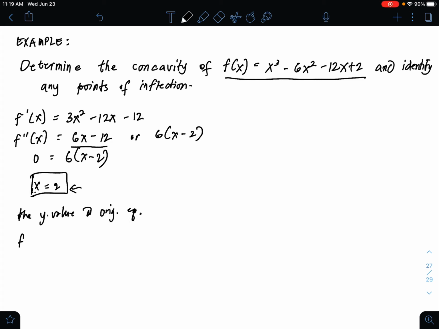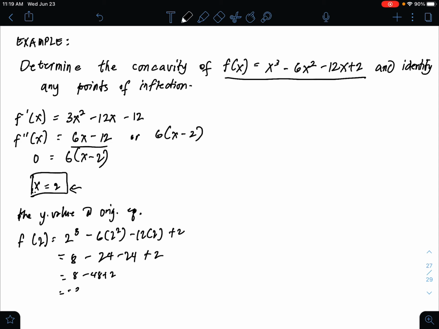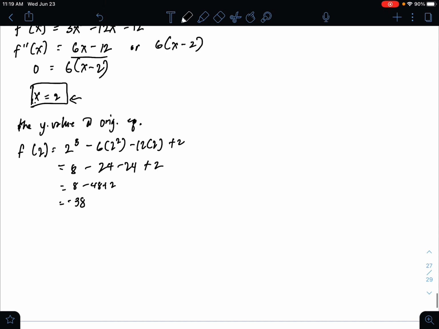So this is 2 to the power of 3, 8 minus 24 minus 24 plus 2. So 8 minus 48 plus 2, that is negative 40, negative 38. So therefore, your point of inflection is at 2, negative 38.